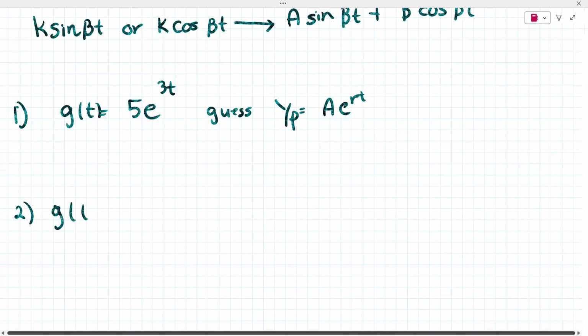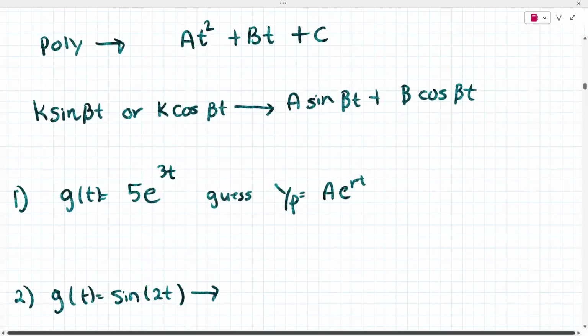What if we had g of t equals sin of 2t? So that is a trig, but it's this one. It would be a sine of bt.